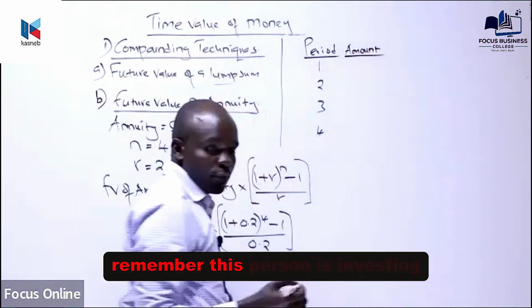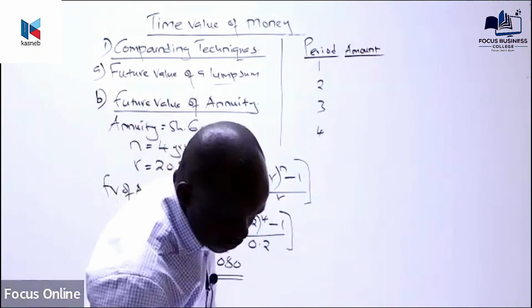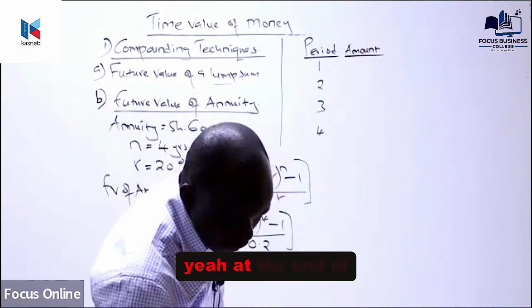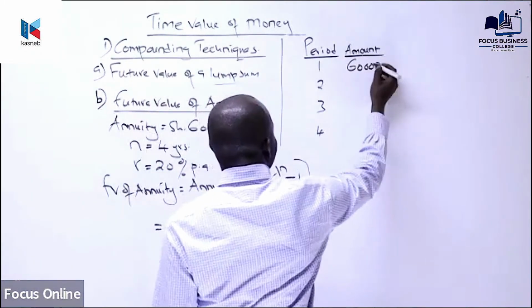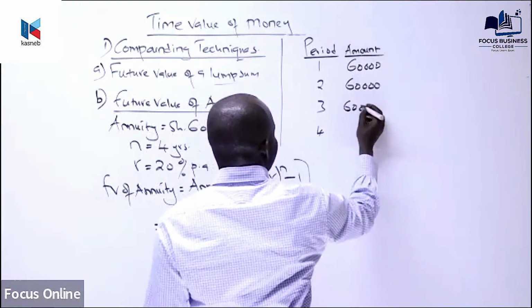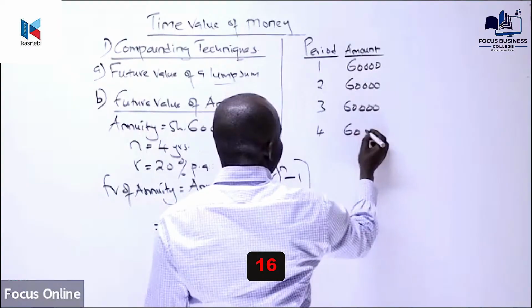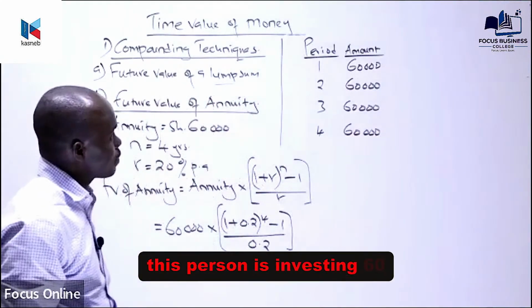Remember, this person is investing 60,000 at the end of each period. 60, 60, 60, 60. At the end of each period, this person is investing 60.